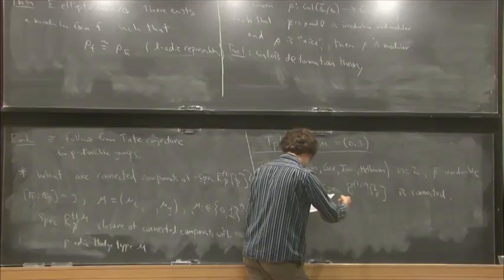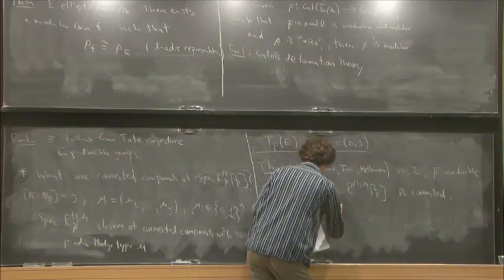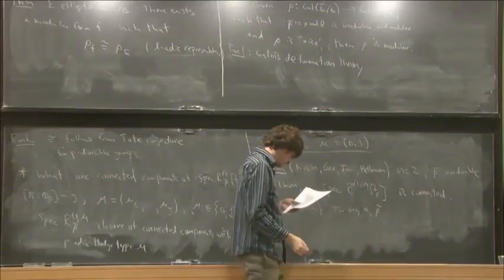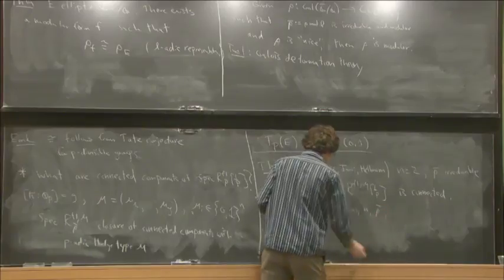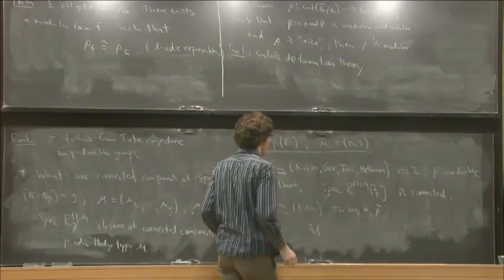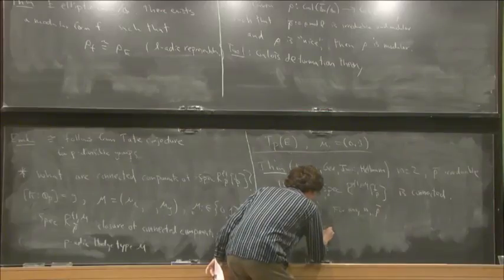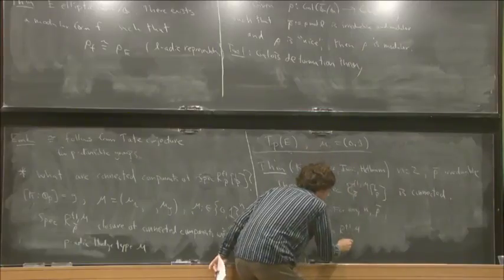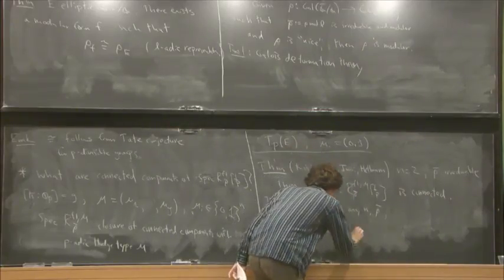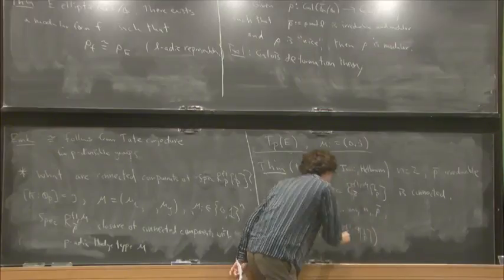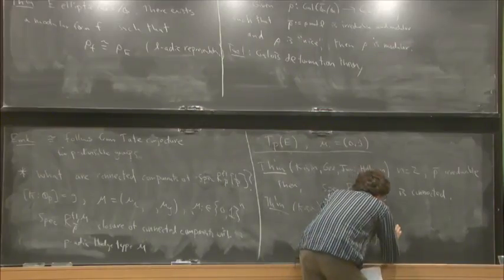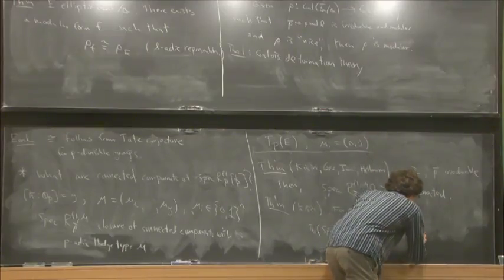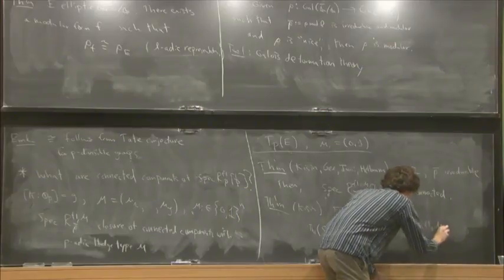So for any n and rho bar, the connected components of this guy are in bijection with the connected components of something related to this x.